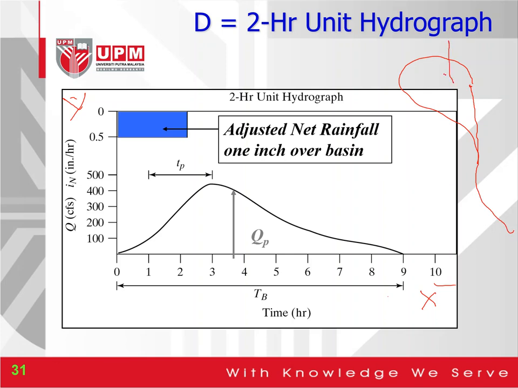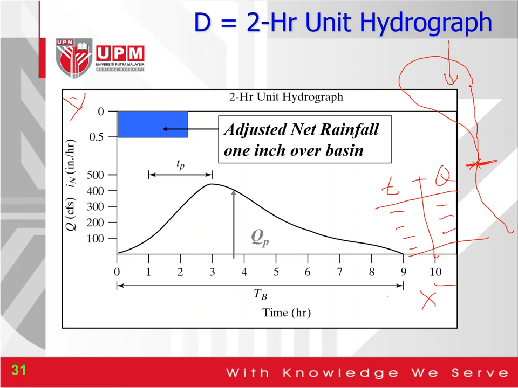Meaning that you have a watershed like this. Rain occurred in this watershed, and somewhere at the downstream we observed T and Q. So this x-axis is the time that we observed at the river.